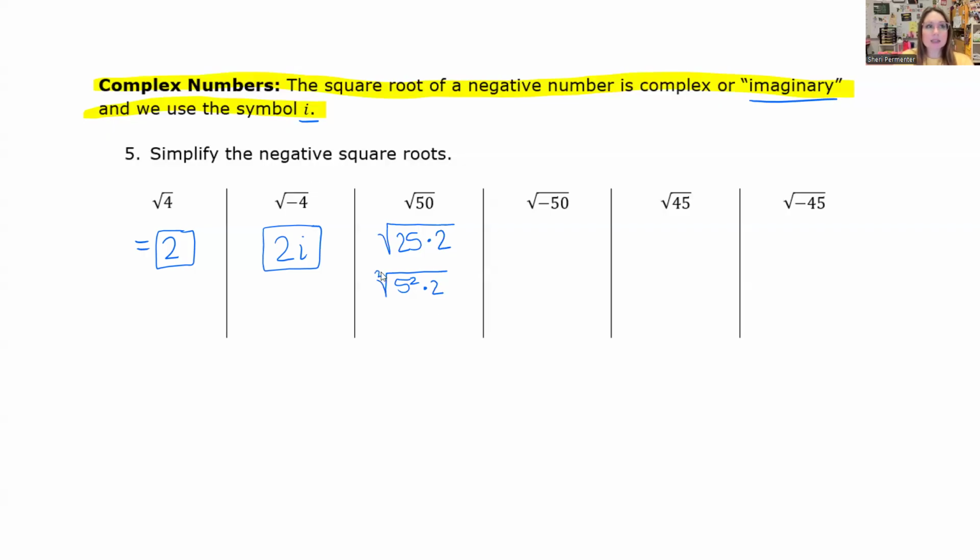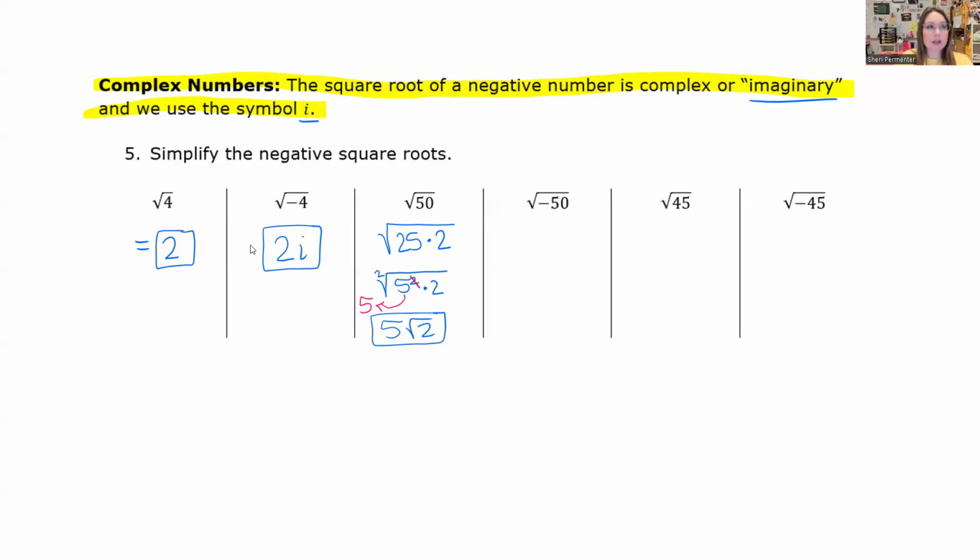It's called an index, to make this a square root. You can also have a cube root, and right here there would be a little 3. So anytime this index matches an exponent, it cancels out. So the square root of something squared, this square piece cancels, and out in the front becomes a 5. I'm going to rewrite this. It becomes 5 square root 2. So that's how you reduce the square root of 50.